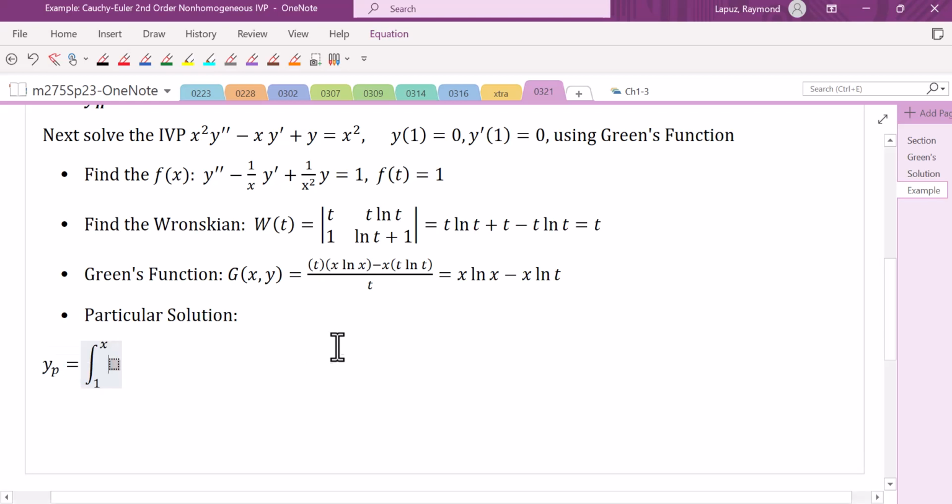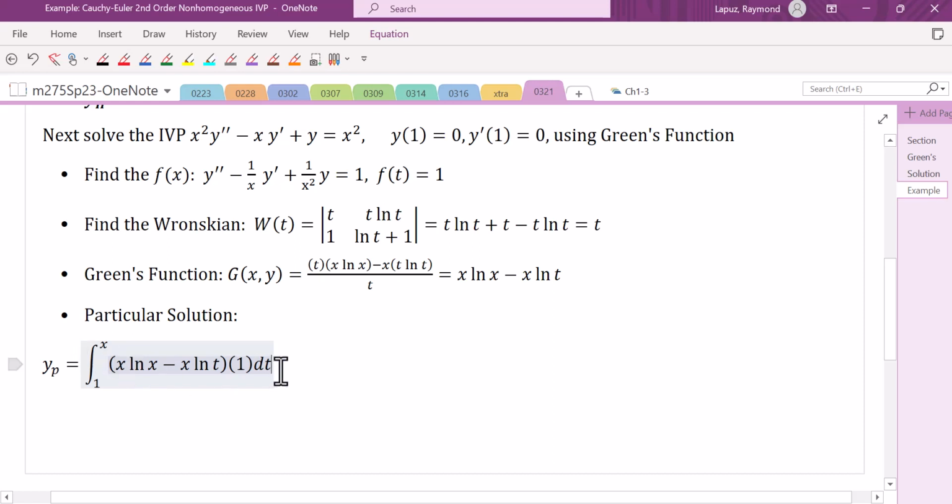And then we'll put Green's function in there. We found Green's function already. And then we're going to multiply it by f of t, which in this case is just 1.